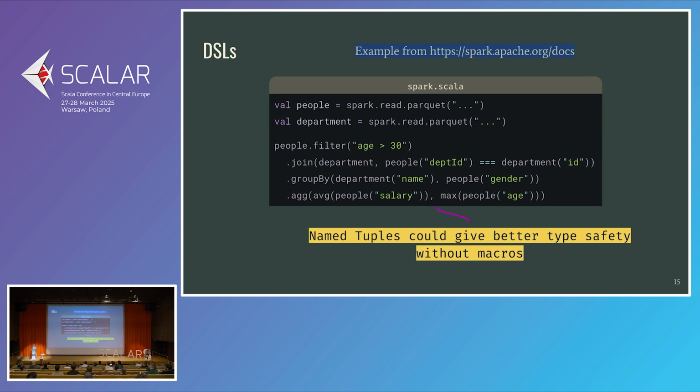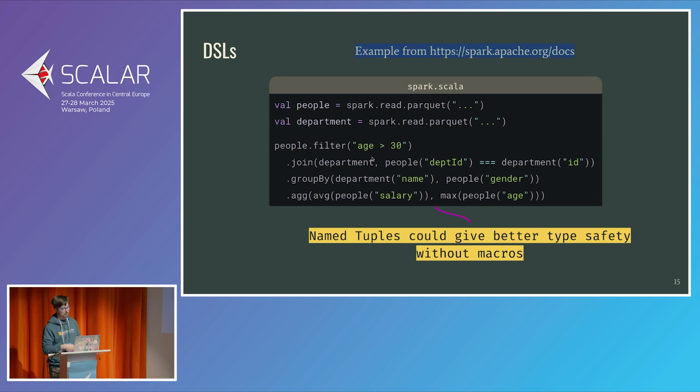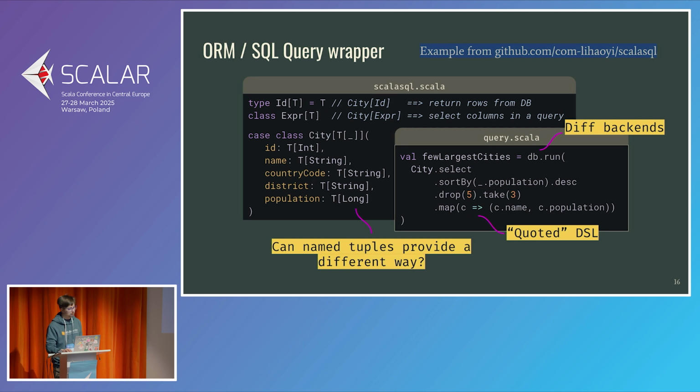But let's say you could have a schema as a type, then you could have a structural type that would validate that, oh, when you select the age column, then the comparison operation is valid. Right now you'd have to use macros, but with named tuples, again, macros don't need to be used for this use case.